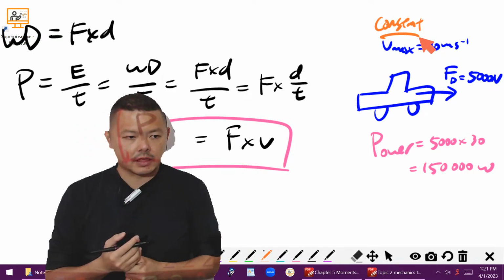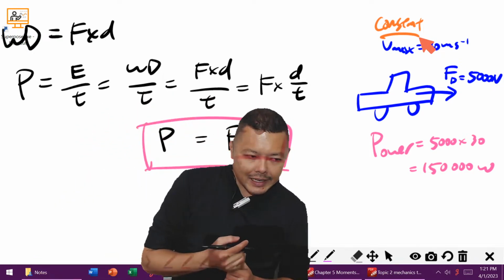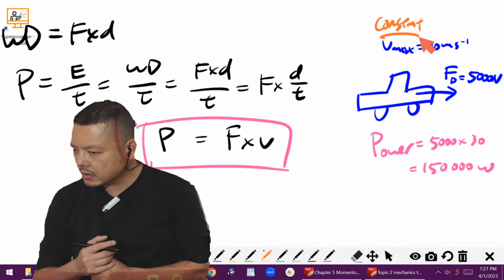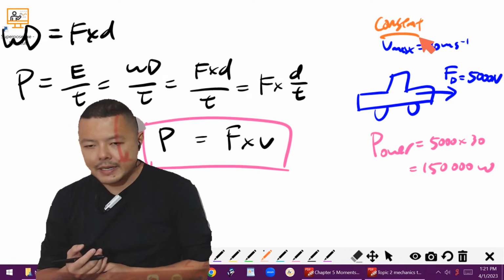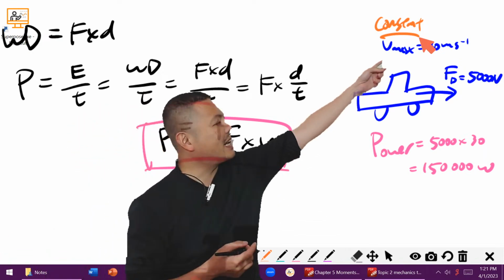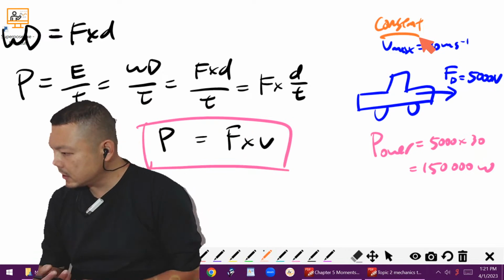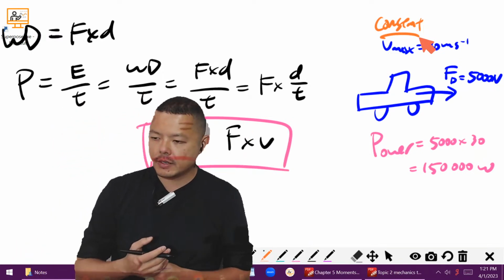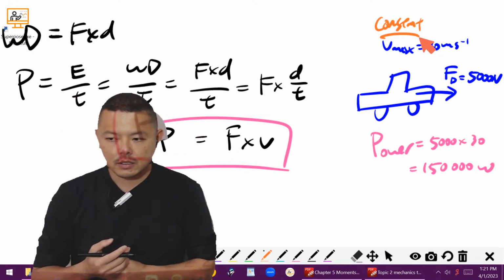But because it is constant, how can the car be at constant speed? It's basically terminal velocity. So the idea is terminal velocity, but how? In terms of forces, how is the car at constant speed?